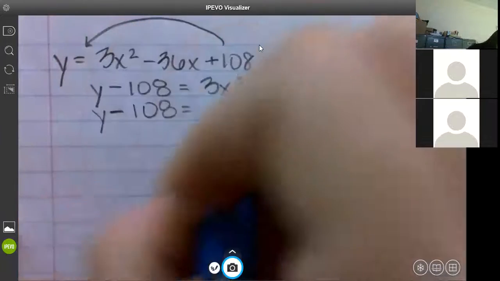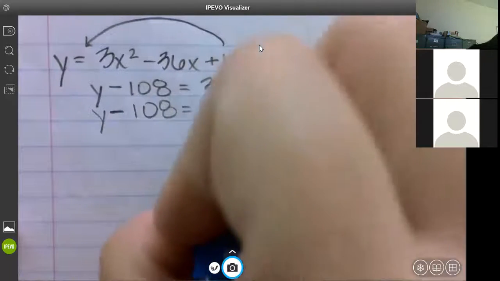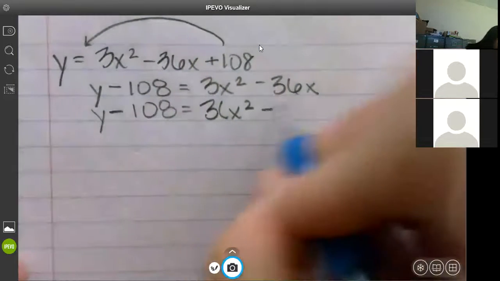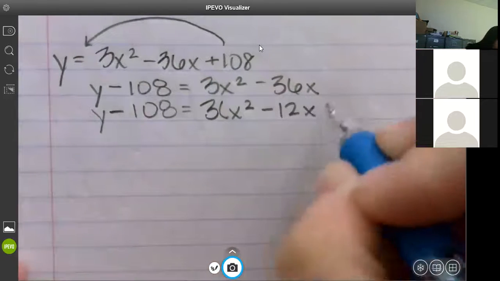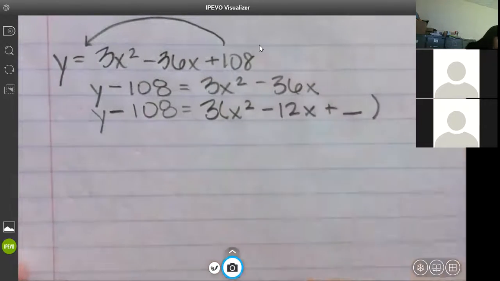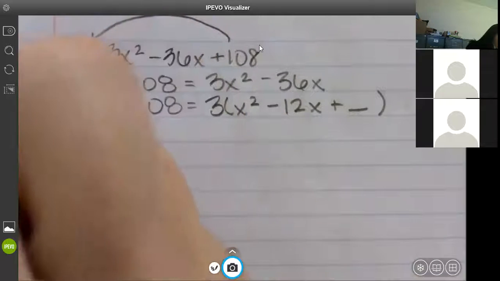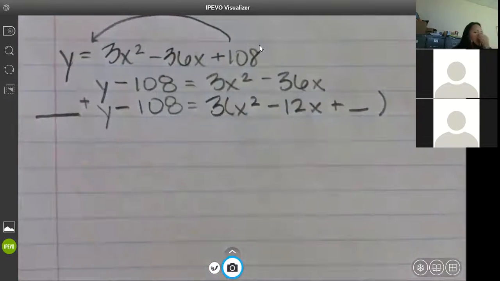So I'm going to leave it y minus 108. I'm going to pull the 3 out. That leaves me with x squared minus 12x. And then I'm going to put my blank inside of parentheses. And then I'm going to put a blank in the front, just like normal.